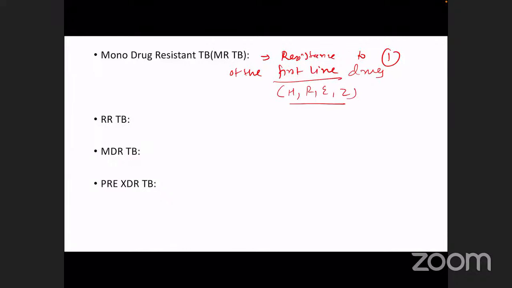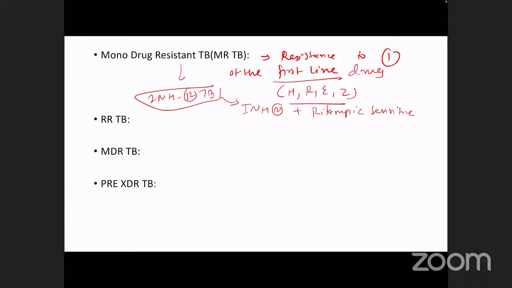The subtype of this is INH resistant TB, in which you have resistance to only INH. This is very important: INH resistance is there, but rifampicin is confirmed to be sensitive. I hope this is very clear.